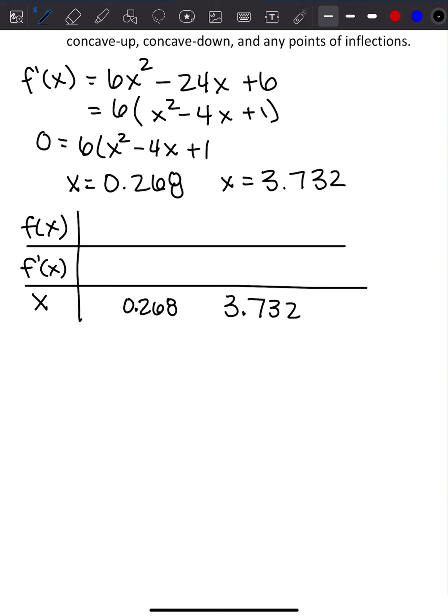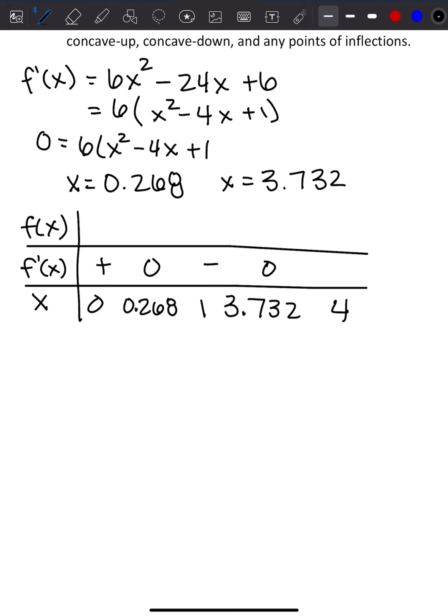So I might pick 0, 1, and 4, just to help out here. If I plug in 0, I know that it would give me a positive value for the first derivative, because it would be plus 6. If I plug in 1, 1 squared is 1, so 6 minus 24 plus 6, well, 6 plus 6 is 12, so I already know this is going to be a negative.